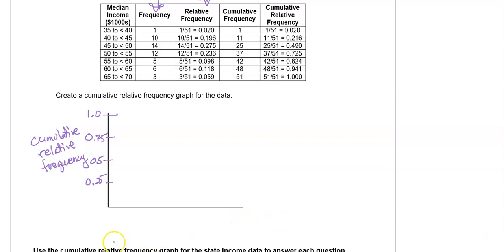This information is about the median income. It's in thousands, so let's make sure we know. So we'll put that there. And I'm going to make a little heartbeat squiggle, so that I can start at 35.